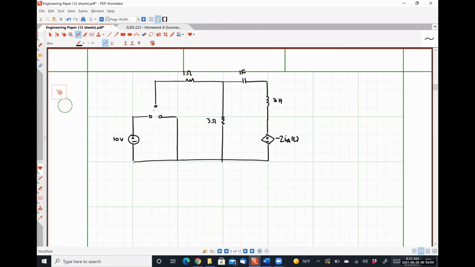All right, so this switch is doing like this. This is A, this is B. It's occurring at t is equal to 0.